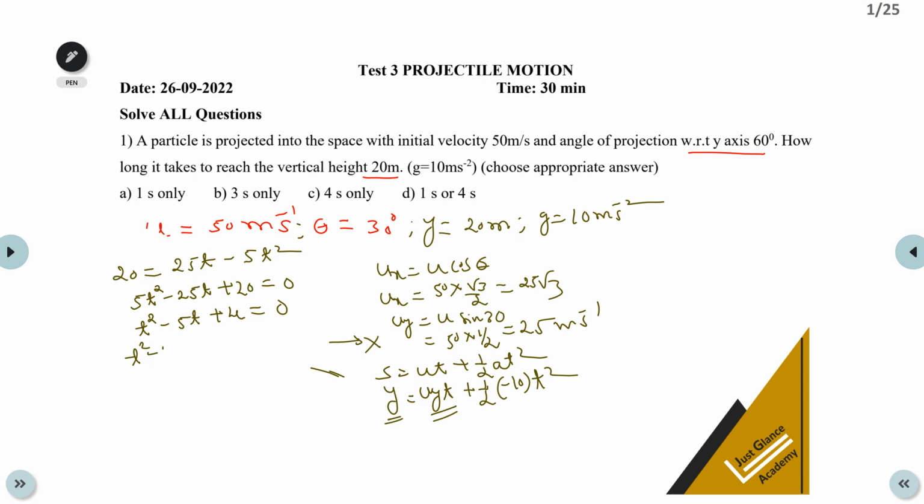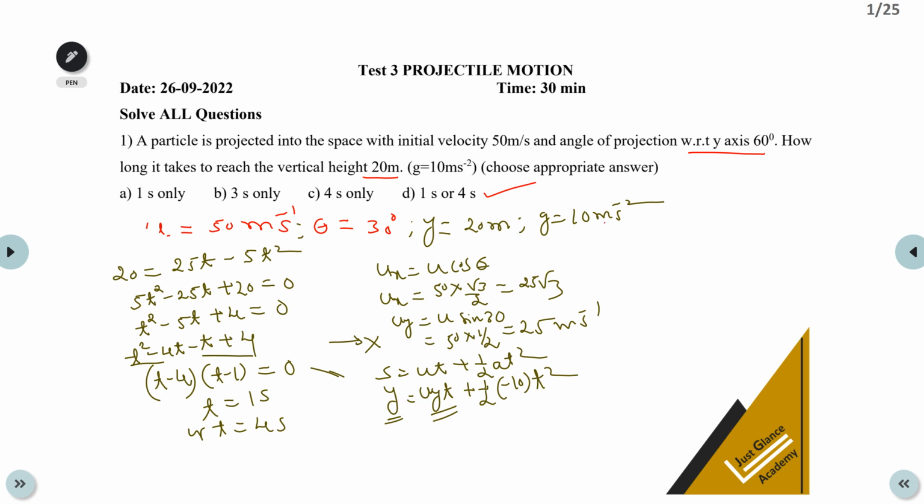Solve it: t squared minus 4t minus t plus 4, taking the common factor, becomes (t minus 4)(t minus 1) equals 0. So t equals 1 second or 4 seconds. That's why the right answer is t equals 1 second or 4 seconds.